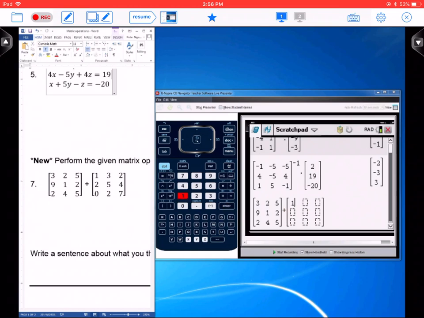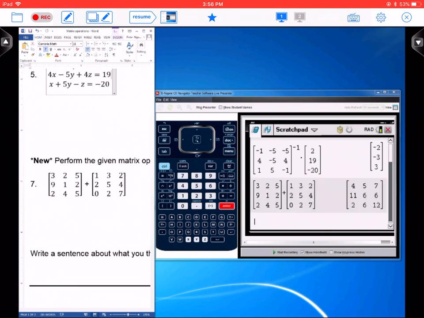All right, and then put those numbers as well. 1, 3, 2, 2, 5, 4, 0, 2, 7. Press enter. You have your new answer, right? It gives you a new matrices. So when adding matrices, you get a new matrices.